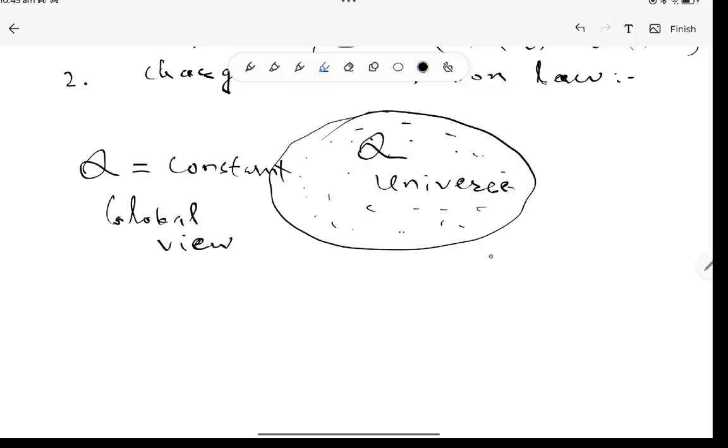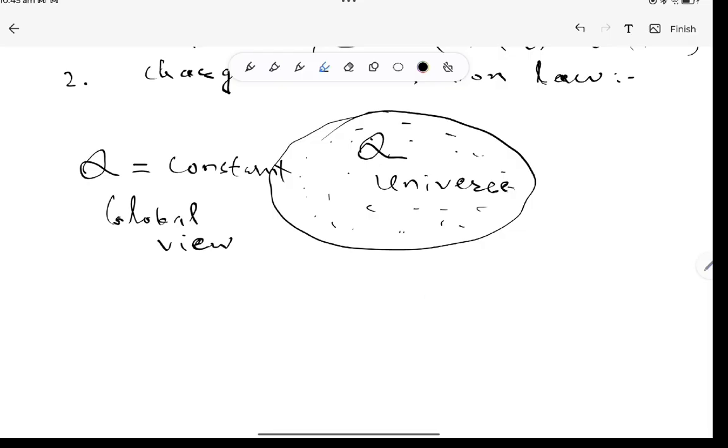When we consider the whole universe, it is a law that refers to the biggest possible entity, the universe. Such a conservation law is called the global conservation law, or simply the global view of that conservation law. We will understand it better with an example coming ahead.